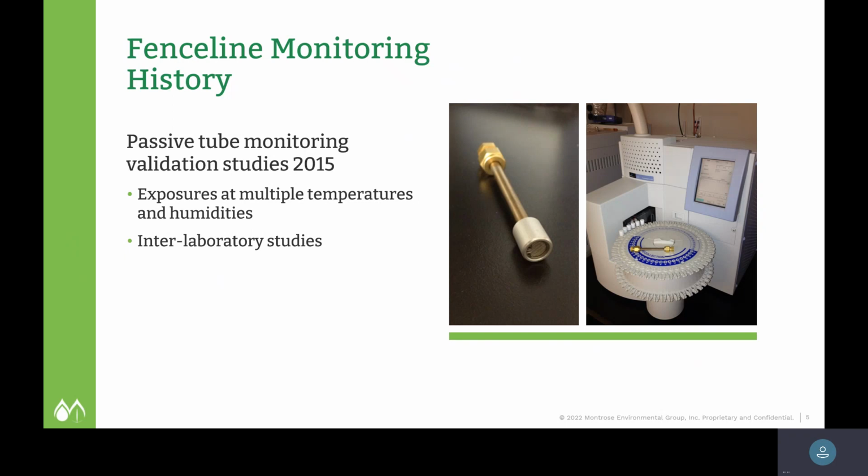So there were some validation studies that my legacy company, Enthalpy Analytical, was involved in. It was pretty rigorous. We're talking about temperatures down at 0 degrees Celsius all the way up to 120 degrees at variable humidities. And this was an interlaboratory study. There were 2 other commercial laboratories, and the EPA laboratory participated as well.